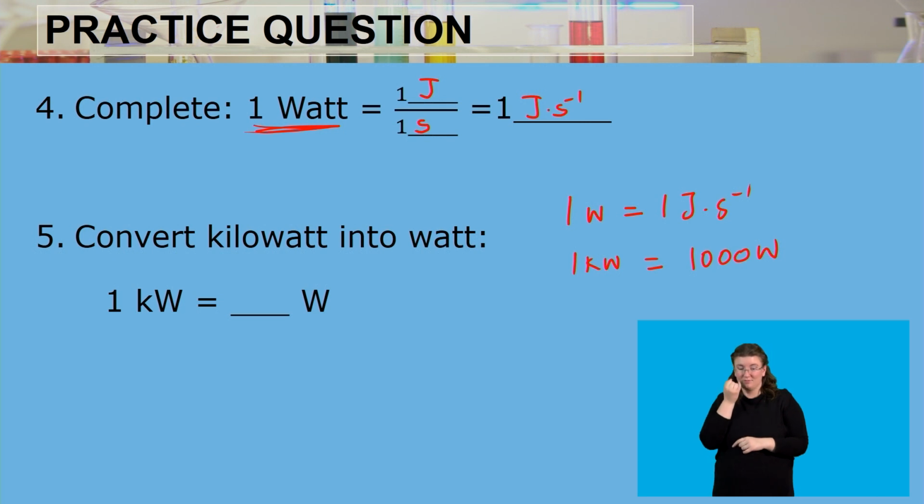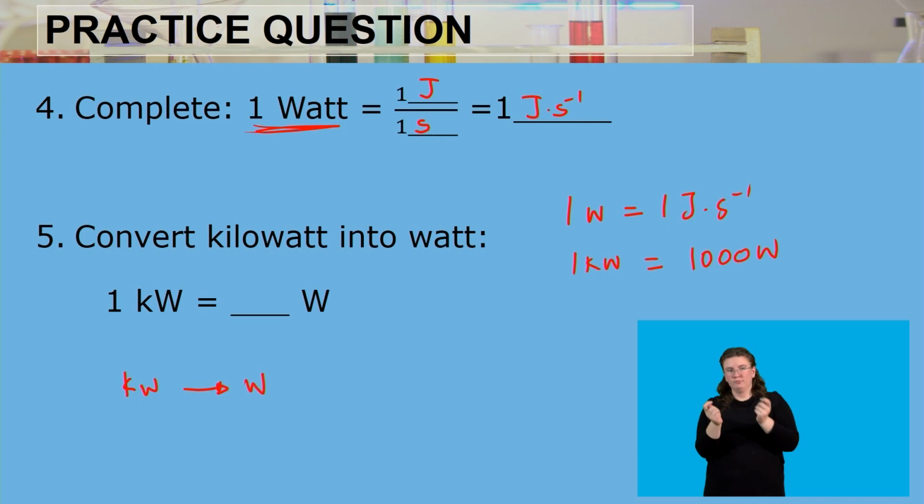But if you are given watts and you're supposed to convert to kilowatts, we are going to divide by 1000. So kilowatts to watts, we multiply by 1000. Watts to kilowatts, we divide by 1000.